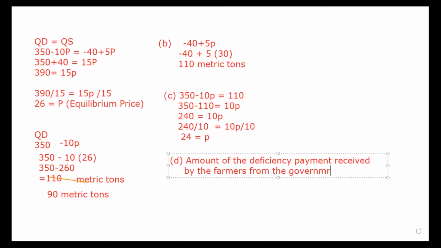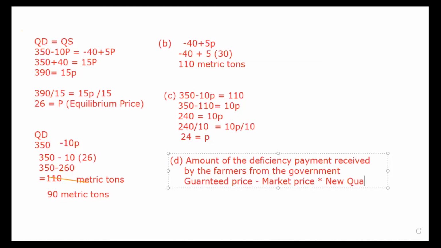So how much they are receiving actually? You know the market price. Actually, the guaranteed price minus market price is the amount they're going to receive, into the number of quantities they're going to sell.